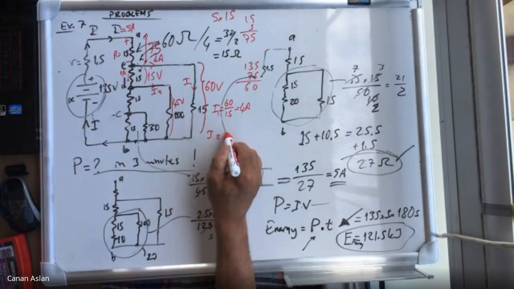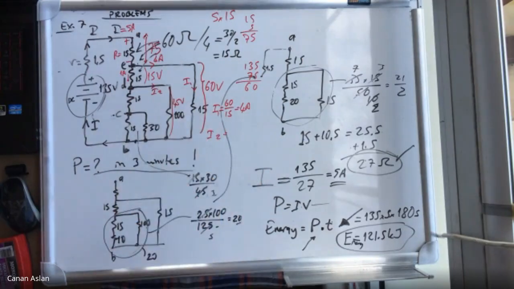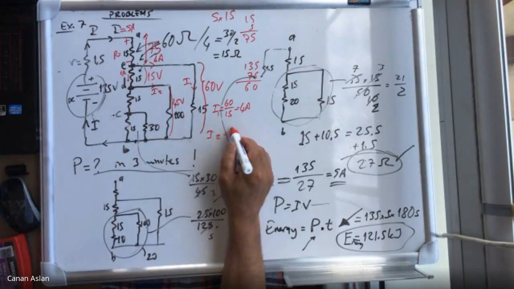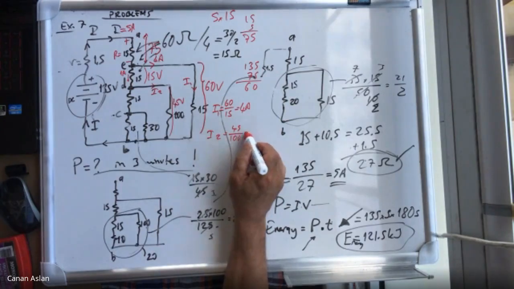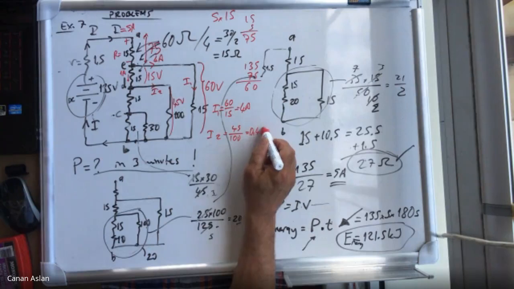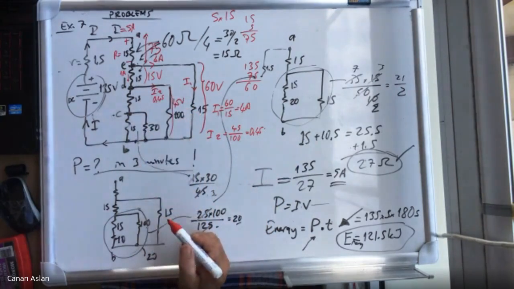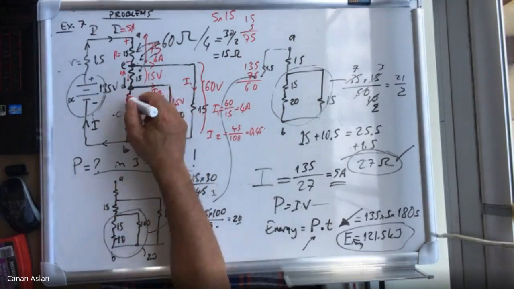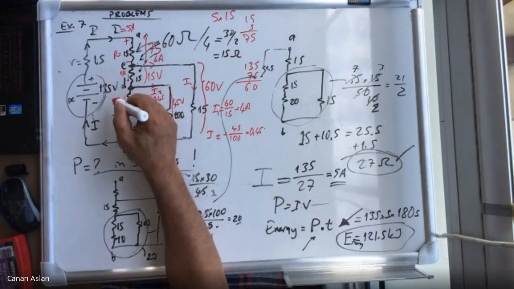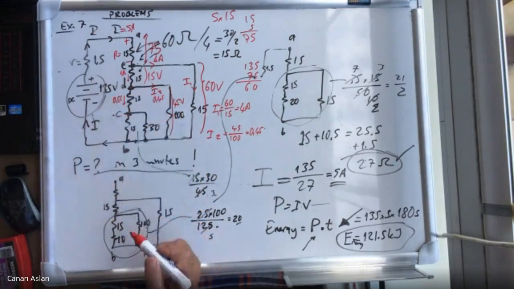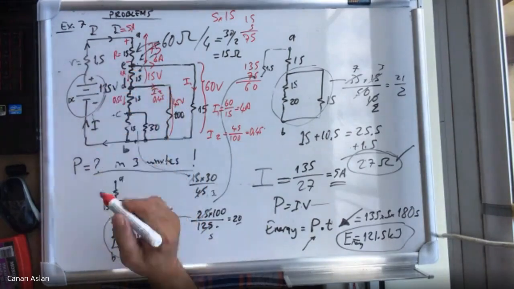I2 will be equal to V over R, which is 45 over 100, which is 0.45 amperes. So this is 0.45. If this is 0.45, then this is 0.55, because the sum of them should give you 1.